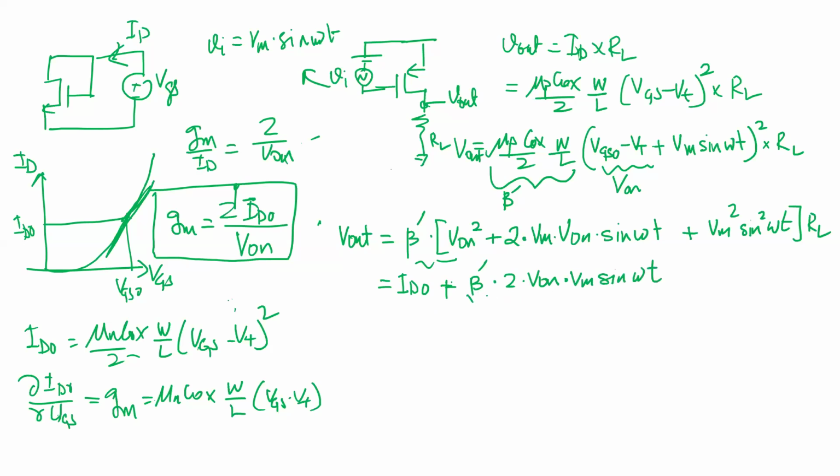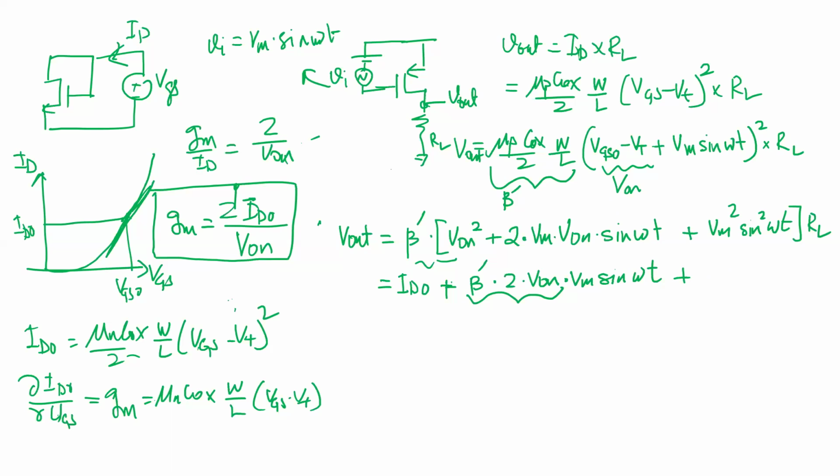Now, can you recognize this term here? What is that term? This one here. That's gm. So the gm was equal to mu n C ox W over L, that's 2 times beta times V on. So that's gm here. So that's how you got your gm. So that's a linear term. Then on top of that, you get this Vm square sine square omega t. What's the expansion of Vm square sine square omega t?